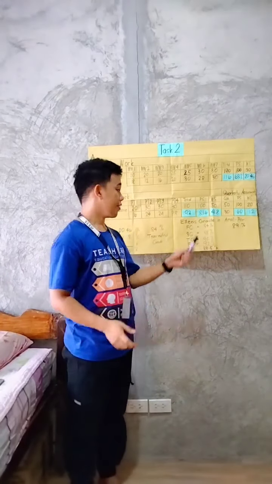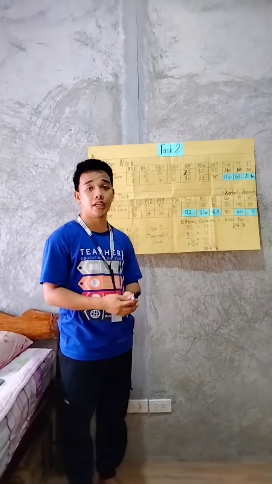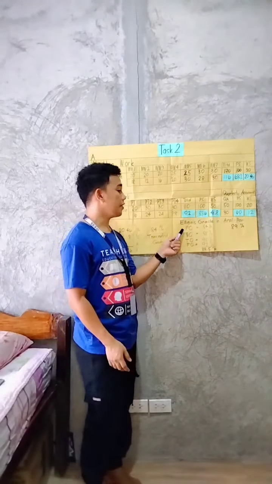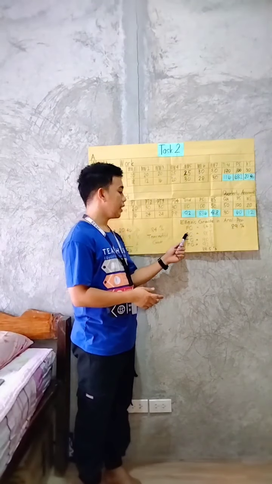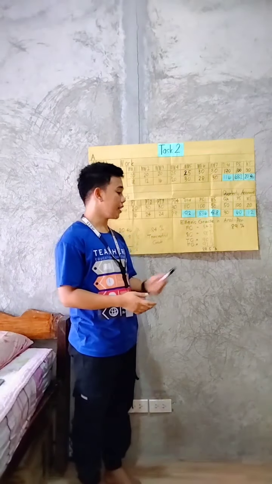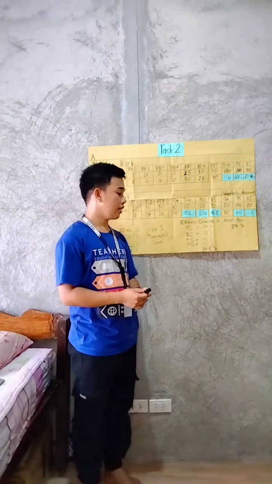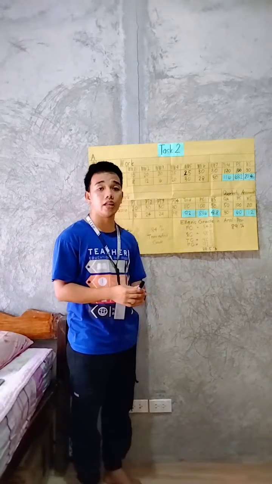So, this is the grade of Ellen in her Araling Panlipunan for the whole year. First quarter, 84%, second quarter, 88%, third quarter, 90%, and fourth quarter 92%. A total of 88.5.